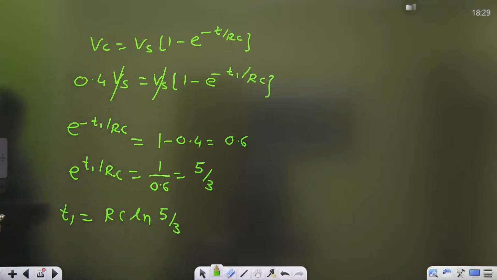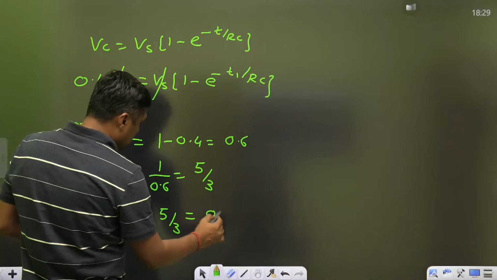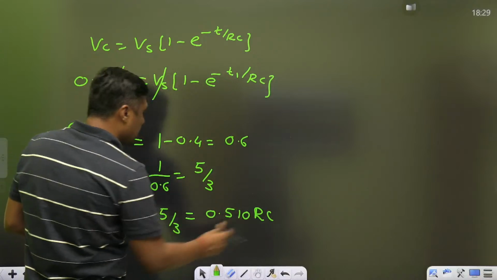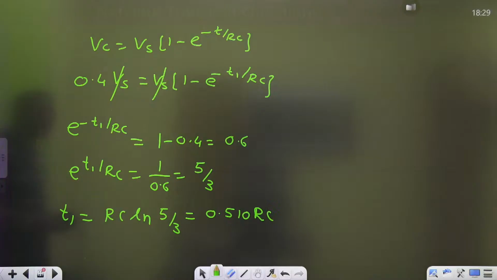So what is the log of 5 by 3? 0.510. So 0.510 RC. What is the value of R and C in the question? 25 ohm and 50 microfarad.